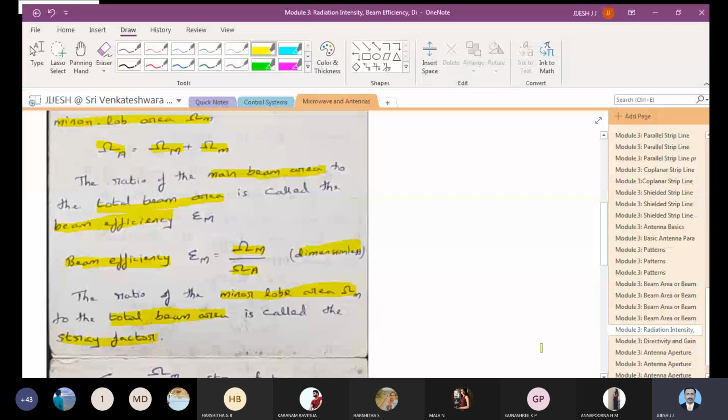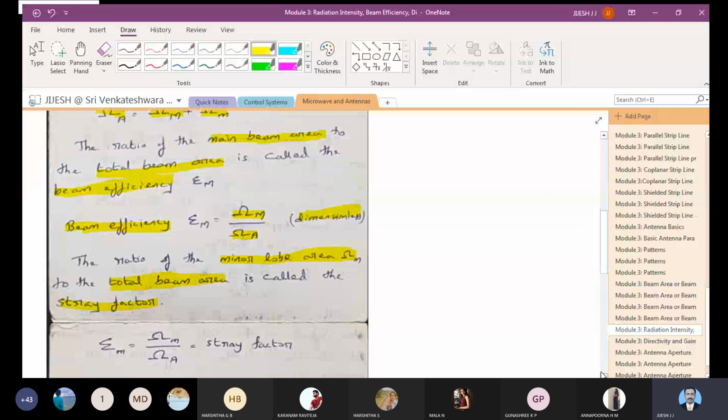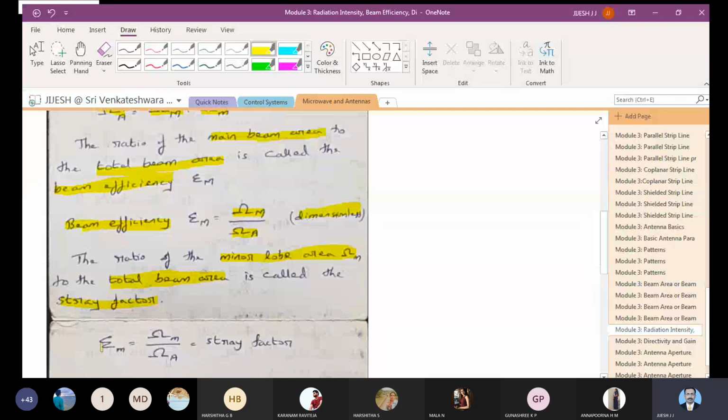So epsilon small letter m is equal to omega small letter m divided by omega A. This capital M and small m has a lot of meaning. If you change it to capital, it becomes beam efficiency. If you change it to small, it becomes stray factor. So write it properly, okay?